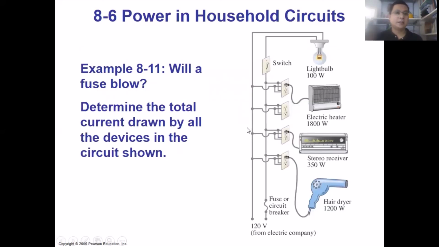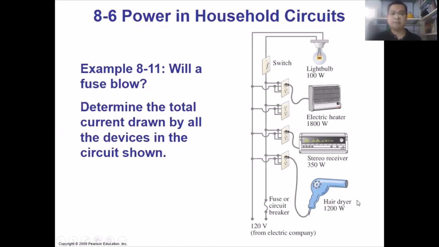Okay, understanding how the fuse works, we go to example 11. Referring to the figure, the question is, will a fuse blow? Determine the total current drawn by all the devices in the circuit shown.